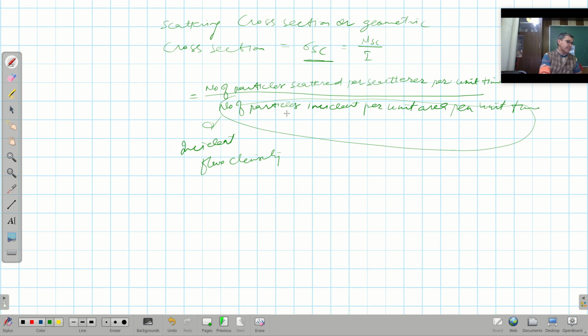Now let us try to look at it in a different way. Suppose this is a target and the particles are coming in this way. When a particle comes in this way, it will go in this direction, so say it is scattered through an angle theta. Another particle coming will go like this, so its angle will be theta plus d theta.